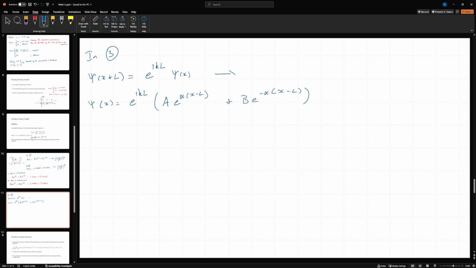So psi of x plus L is equal to e to the power i k L times psi of x. This is Bloch's theorem, and this is equation 3.